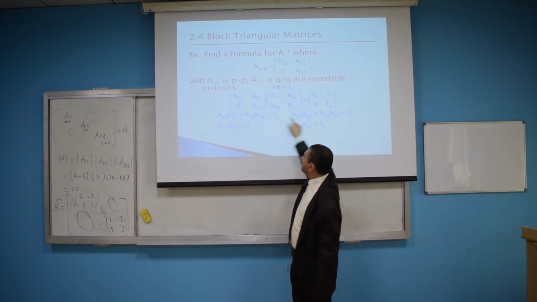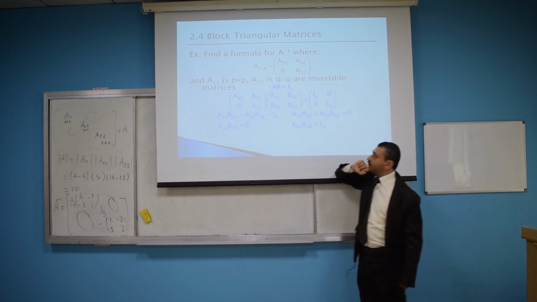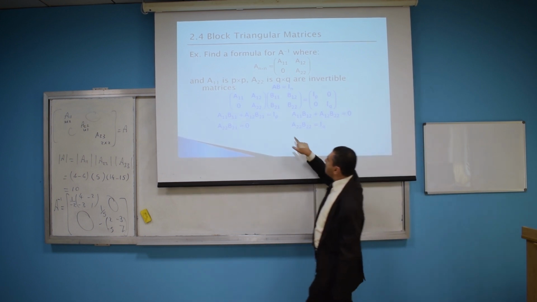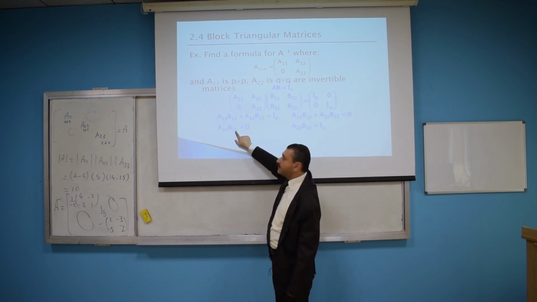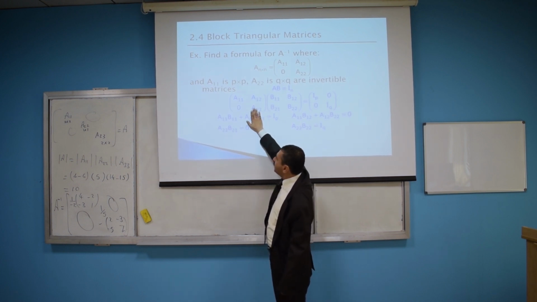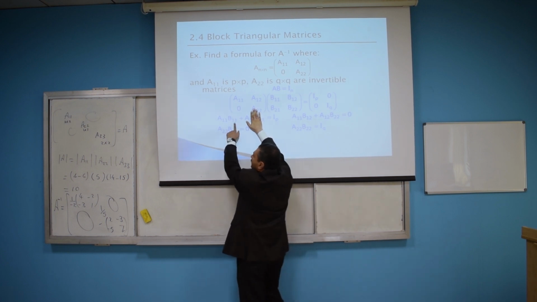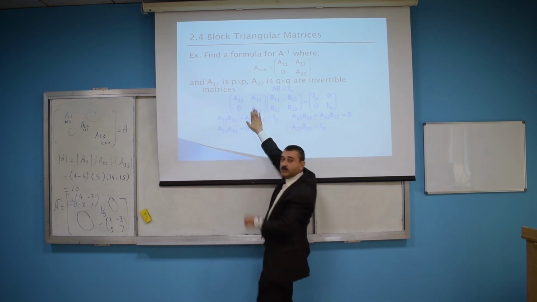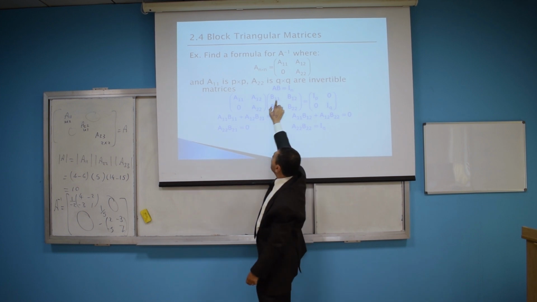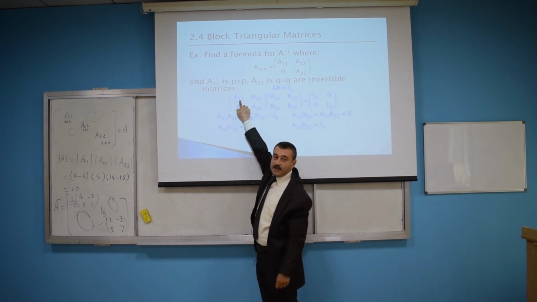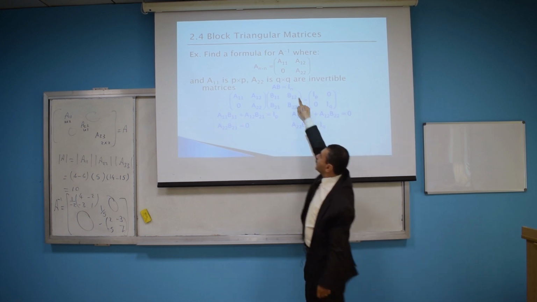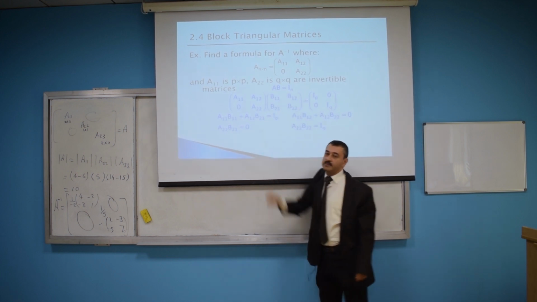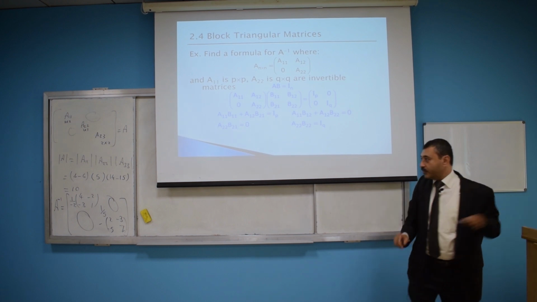Let's substitute in the first equation. We have here, for example, B21 equal to 0, right? So this guy is 0. Then B11 is the inverse of A11. So this guy also is the inverse of this guy. So the remaining block is this one. Let's write it on the board.